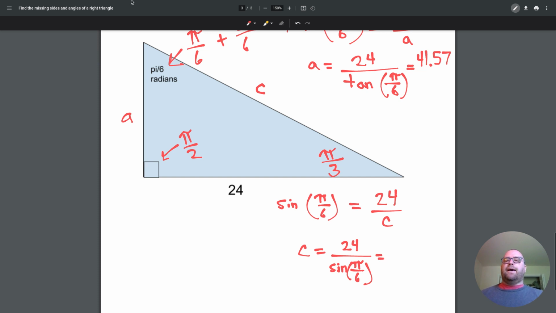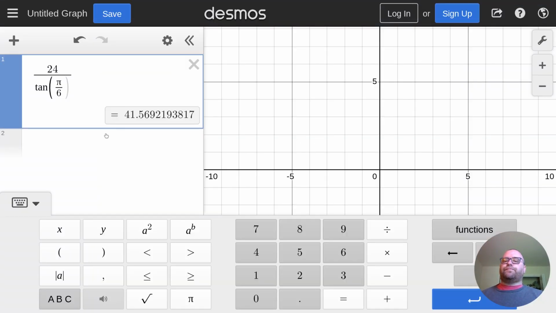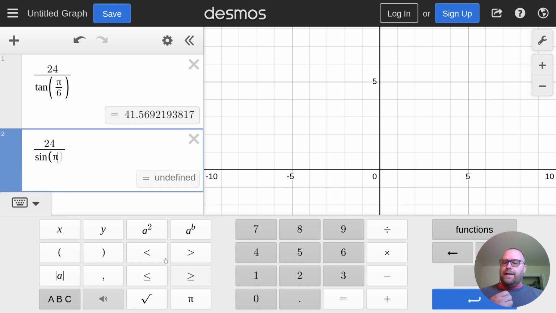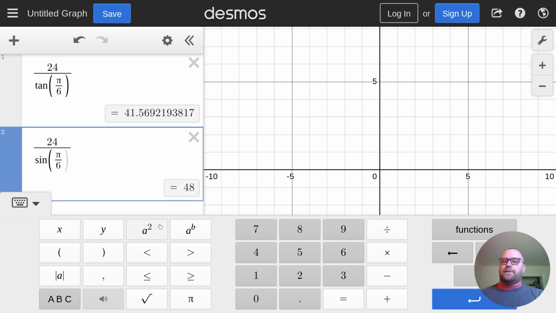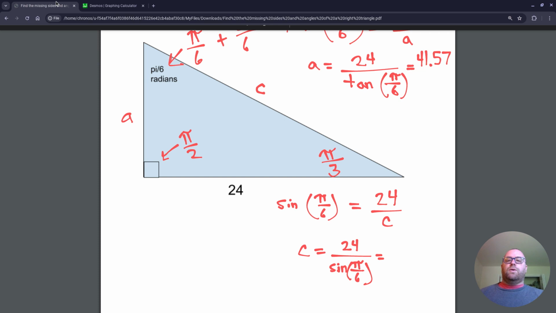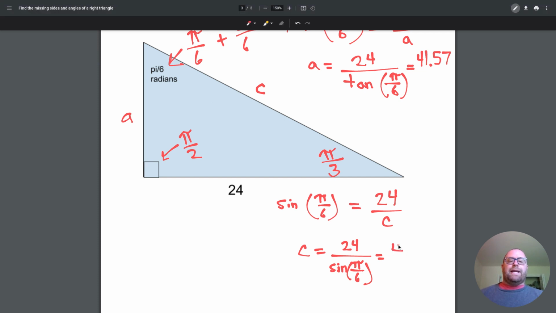And if we do that out, 24 divided by the sine of pi divided by 6, we get 48. Okay, so we get 48 exactly, and we don't have to round.